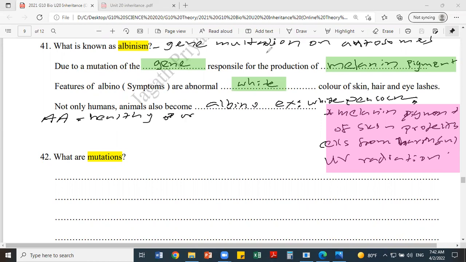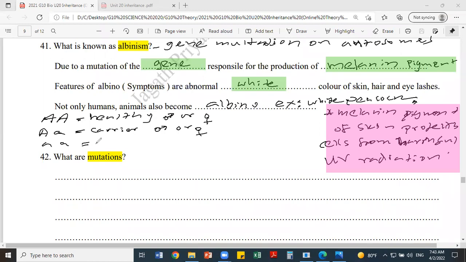Then capital A, simple a: carrier, male or female. It's not a deadly disease, right? Present in both. Then simple a, simple a is albino, albino male or female.